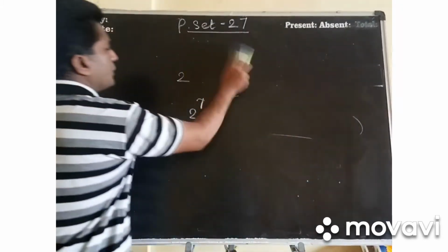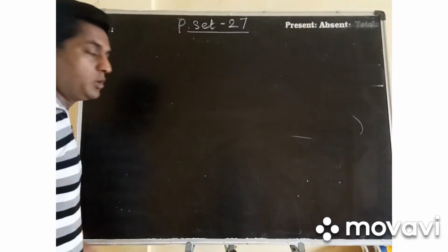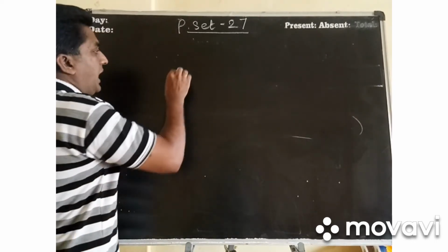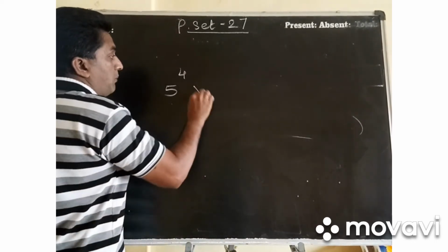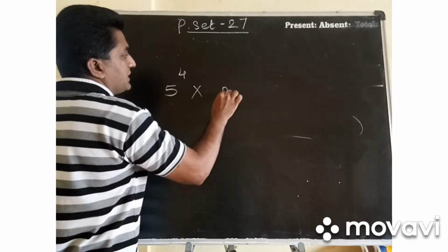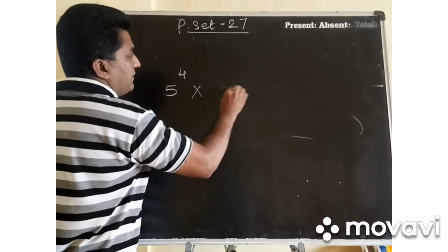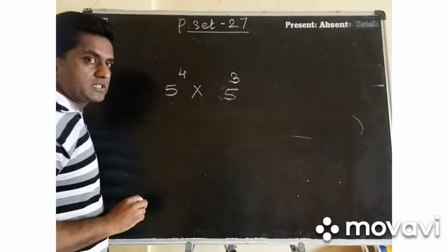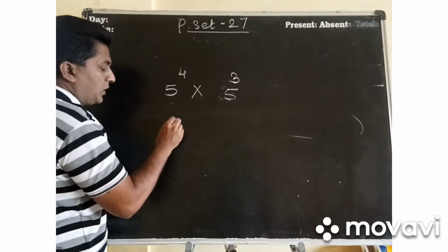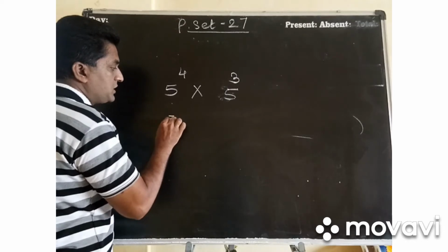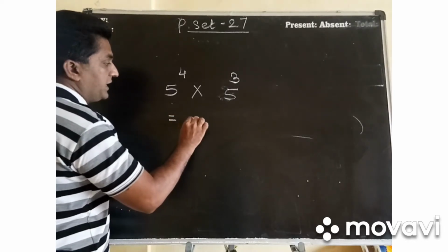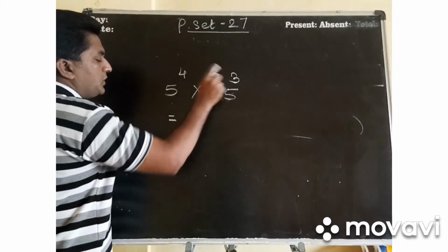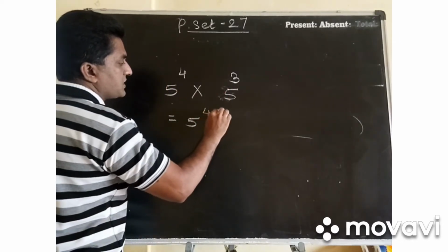I told you, if two bases, this time I am taking 5 raised to 4, multiplied by 5 raised to 3. 5 is the base, 4 and 3 are the indices. If they are to be multiplied, then what will you do? You will write is equal to, write the common base only 1 time and add the two different indices, 4 plus 3.